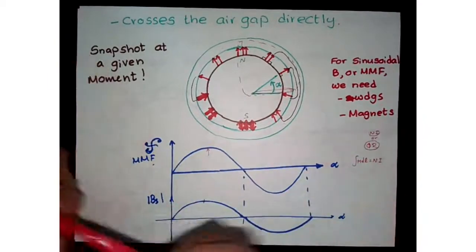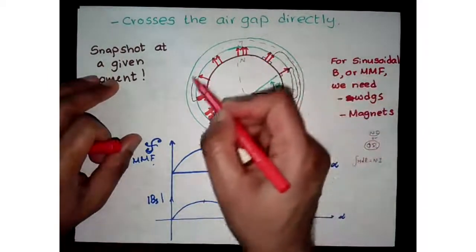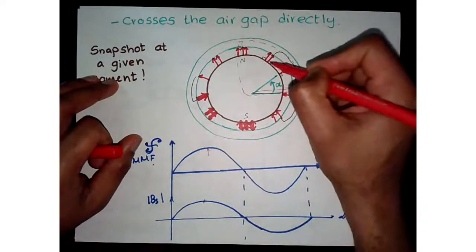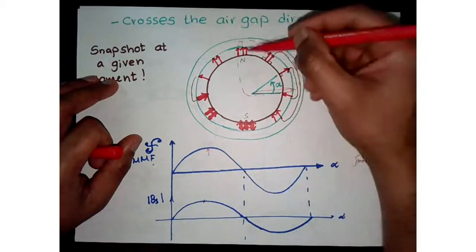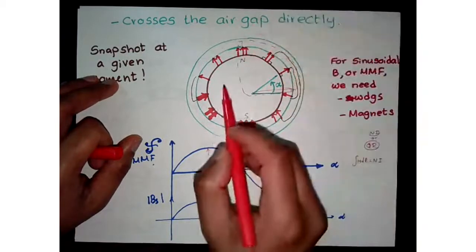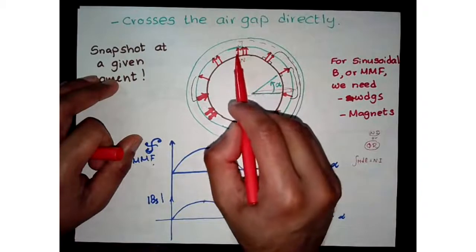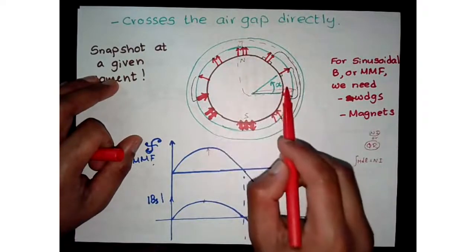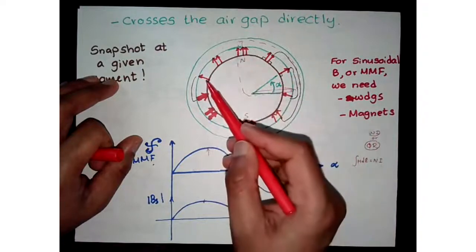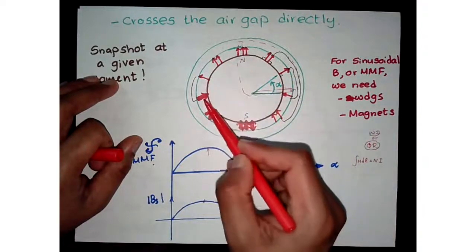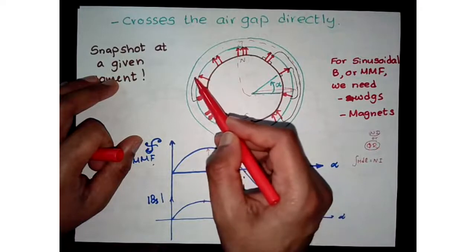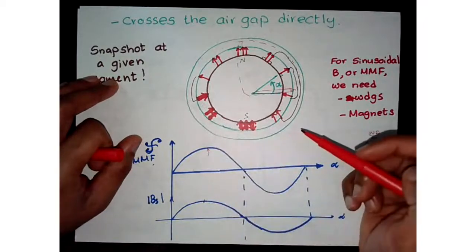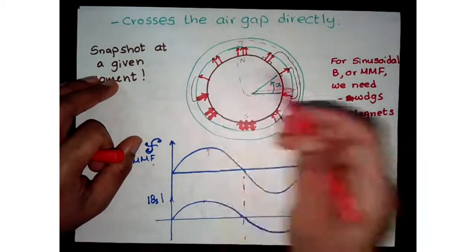Given this distribution, these flux lines are showing we have fewer flux lines here compared to here, and then we see the most change in flux lines here. The flux goes from the rotor into the stator and returns, so we have a closed loop between the rotor and the stator.